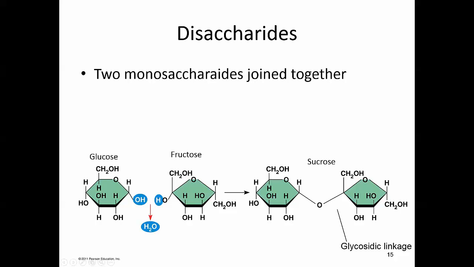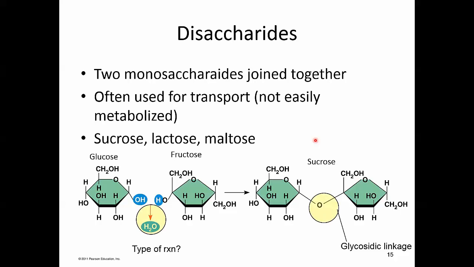If we stick them together, we make a disaccharide, like sucrose, which is table sugar. We have a dehydration reaction, and that forms a type of covalent bond known as a glycosidic linkage. You should jot down which type of linkage is found in which of these molecules. So we had an ester bond, now we have a glycosidic linkage in the case of a carbohydrate. So dehydration, glycosidic linkage.